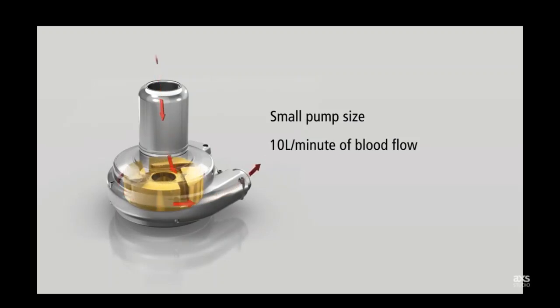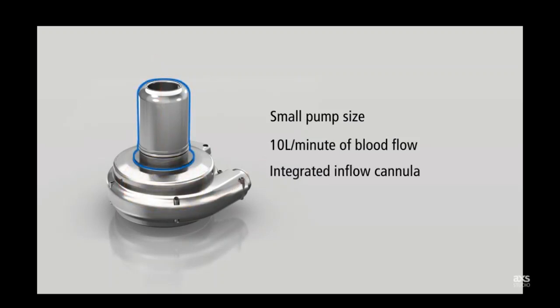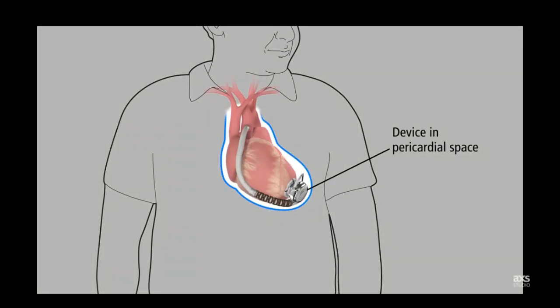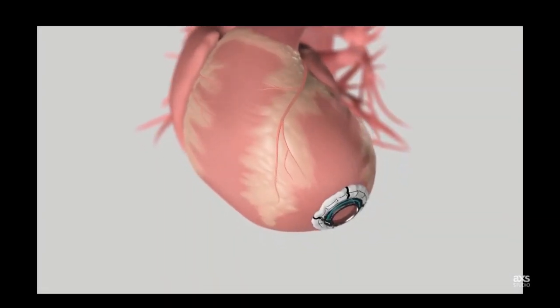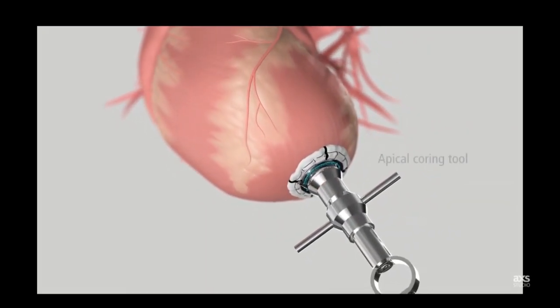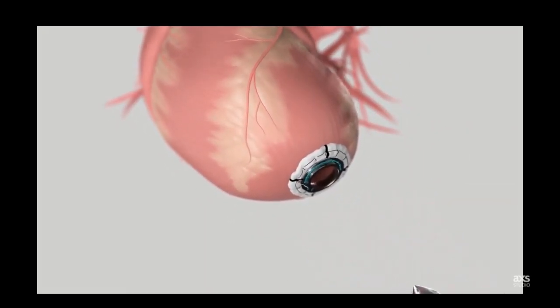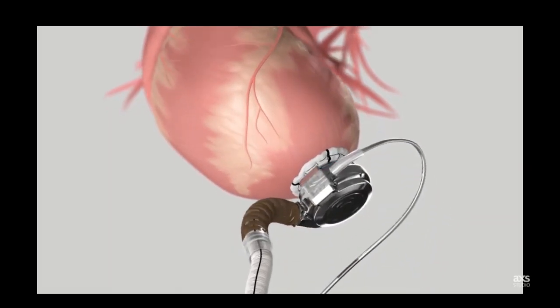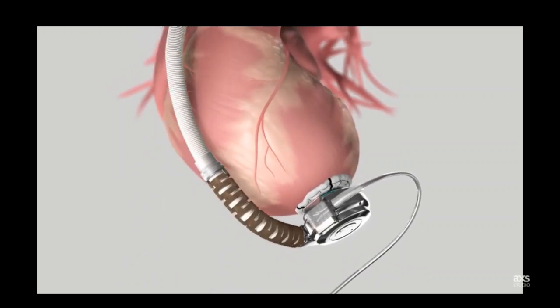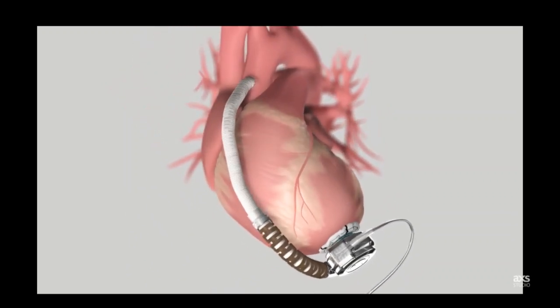Its small size and integrated inflow cannula allow the device to be implanted completely in the pericardial space directly adjacent to the heart, thereby avoiding abdominal surgery. The implant procedure makes use of a proprietary sewing ring and custom apical coring tool, which allow the pump to be attached to the apex of the left ventricle.